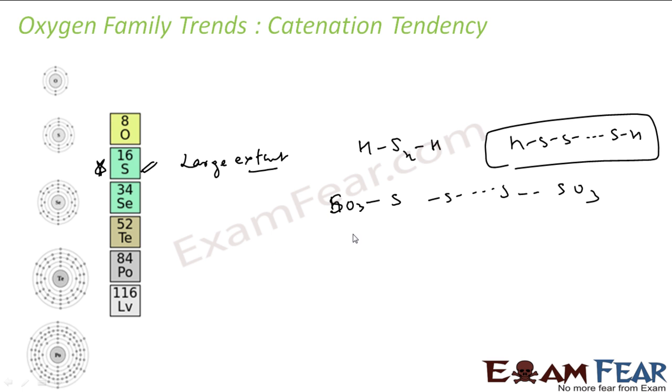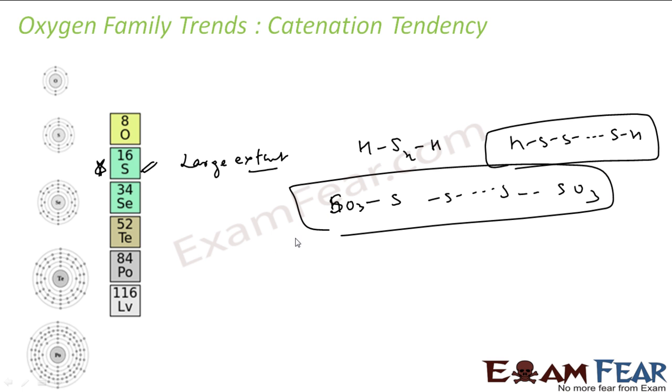There are so many compounds sulfur forms which have a huge number of sulfur atoms. That is catenation, the characteristic of an element to form links with the same element. For example, carbon has the best catenation property of all the elements. Sulfur also shows some catenation property. Oxygen, very little.